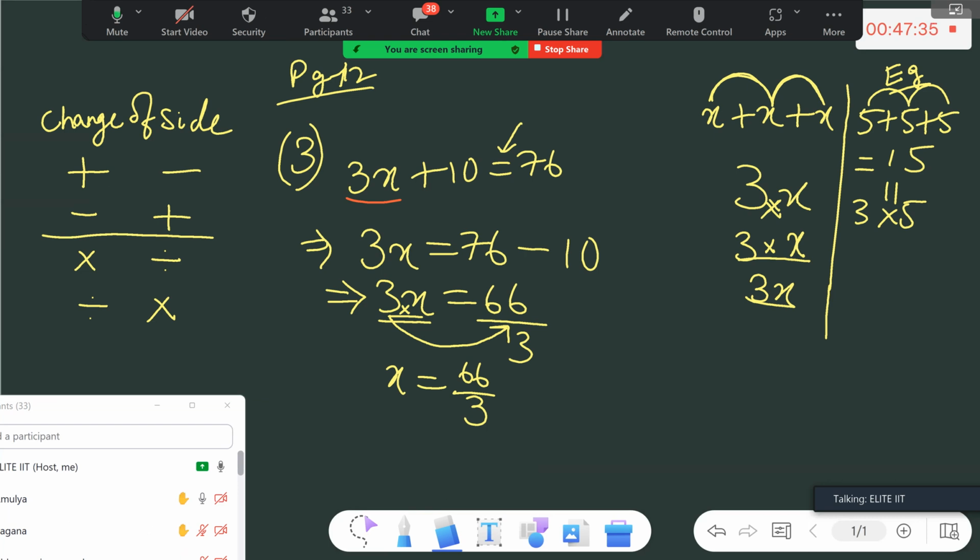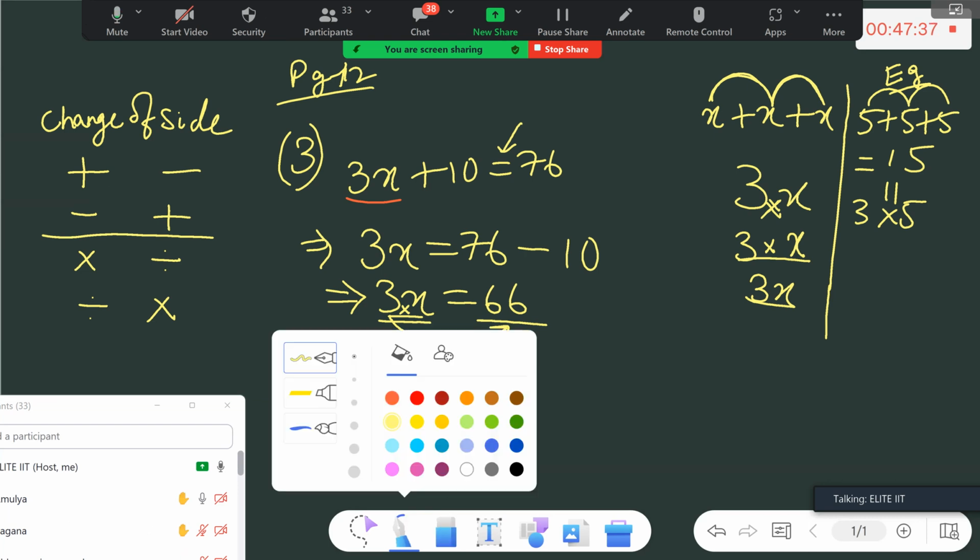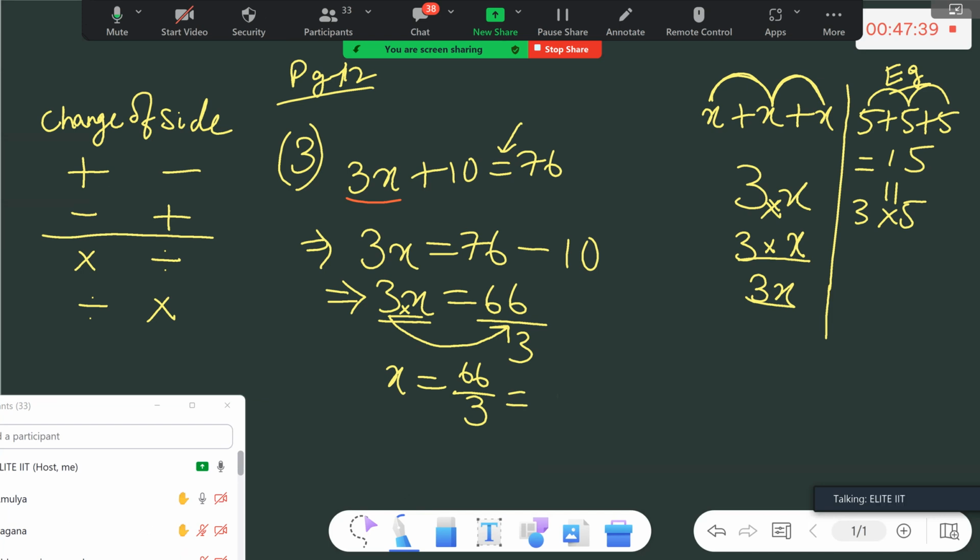Yeah, it will become 22, isn't it? Understood now? Yeah, but we have to find something else, isn't it? This is x. X is the marks of who?